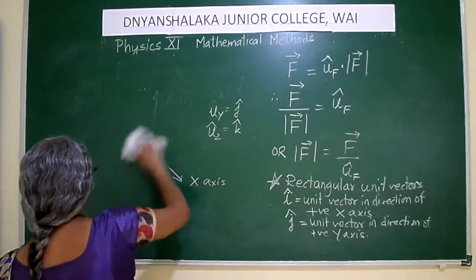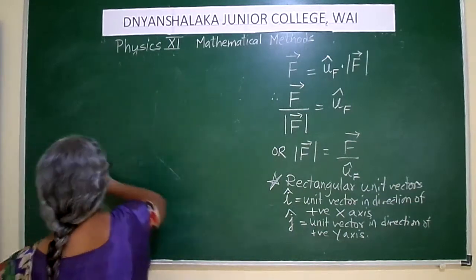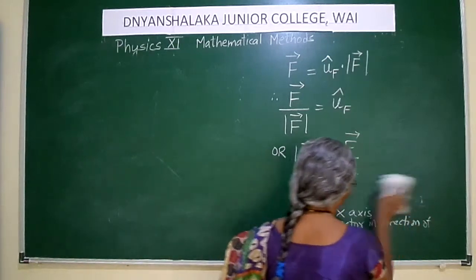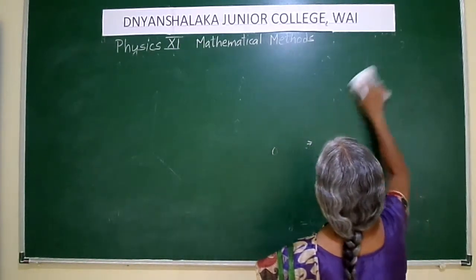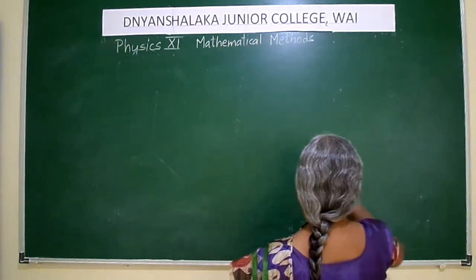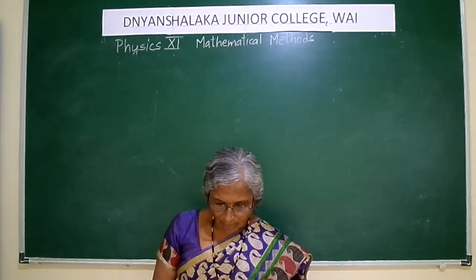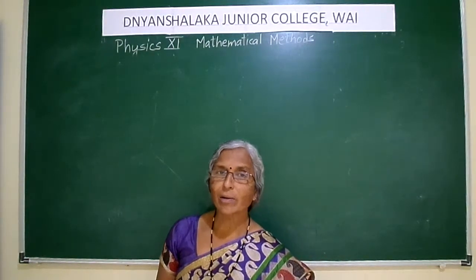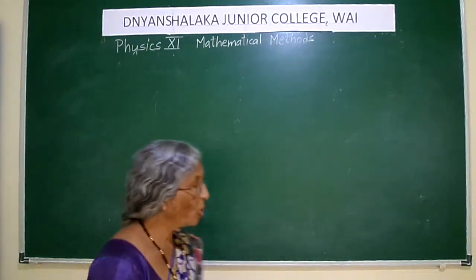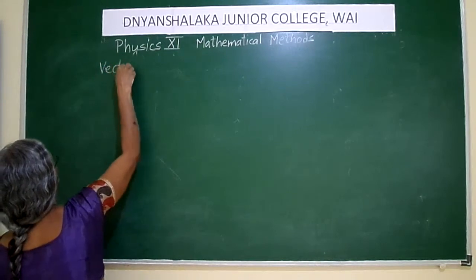Now we are going to pass on to the operations on vectors. What do we mean by this? We are going to see how we can add vectors, subtract vectors or multiply vectors. So let us go for vector operations.